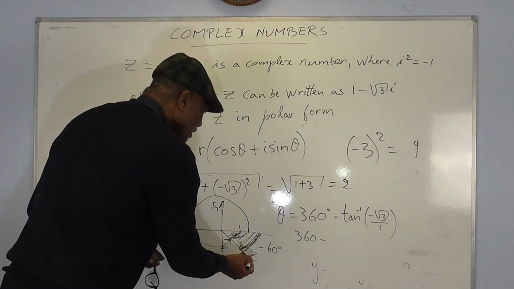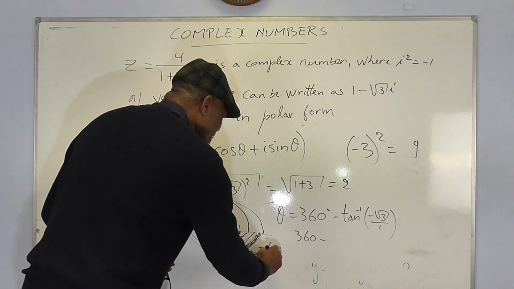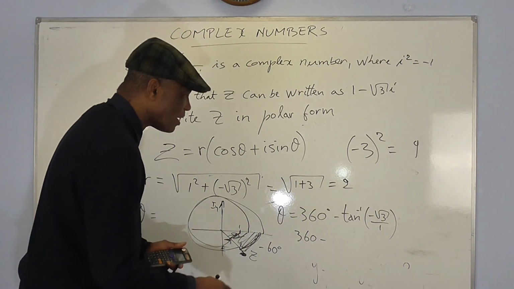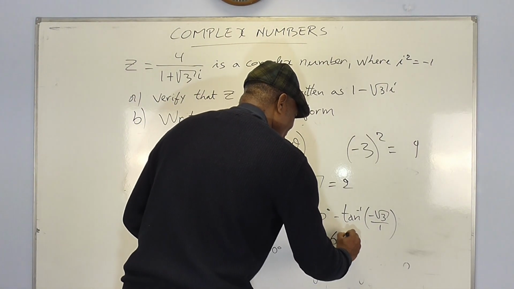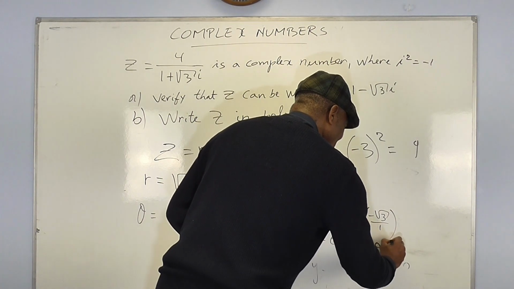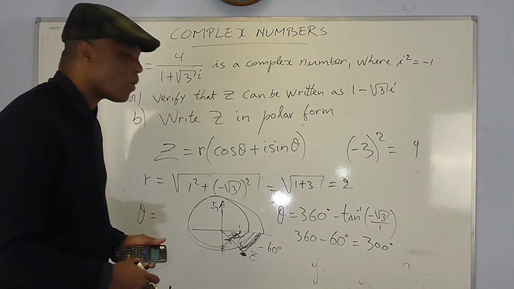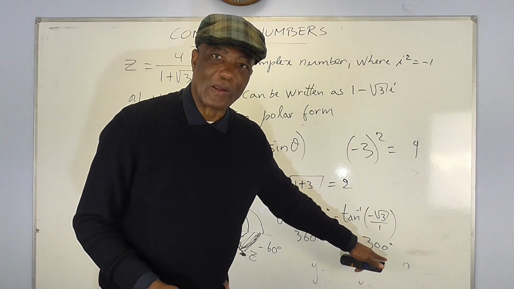But if we go now from here to there, we do 360 degrees minus 60. This will give 300 degrees. So our argument is 300 degrees.